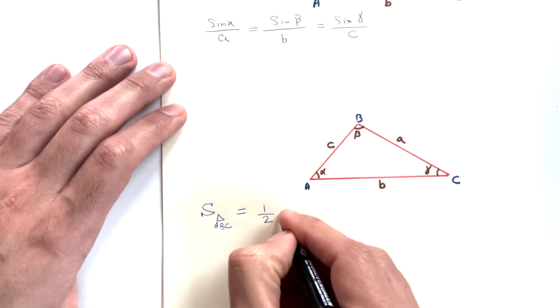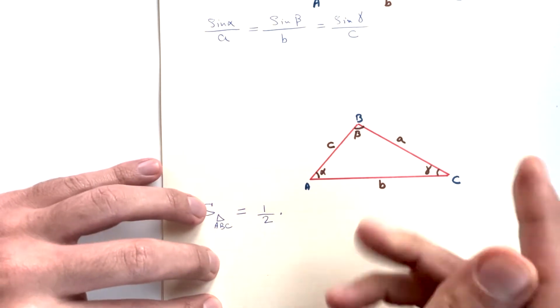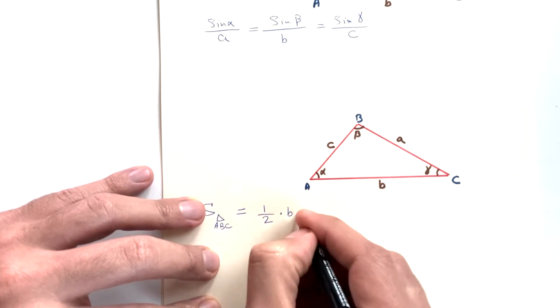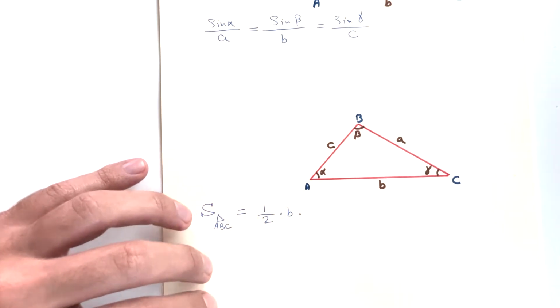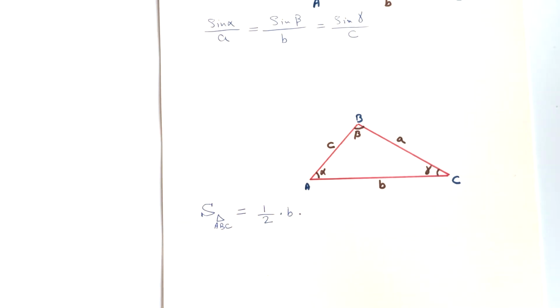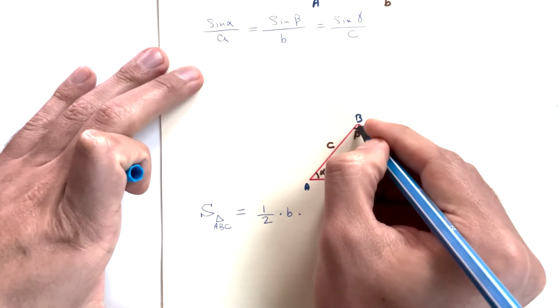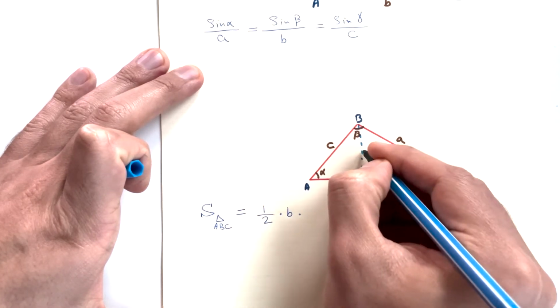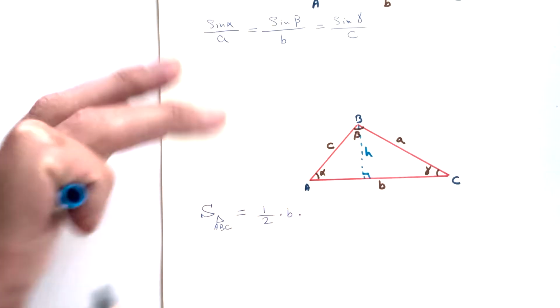1/2 times B, which is the base, times the height, which will be something like this. Let me call it h.